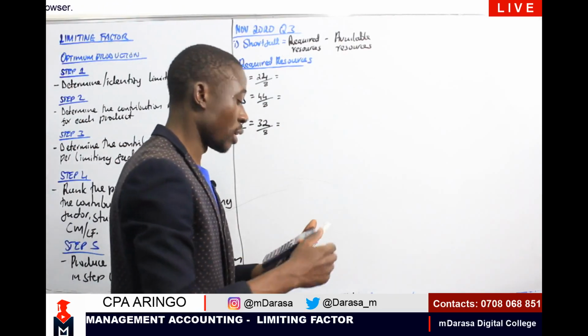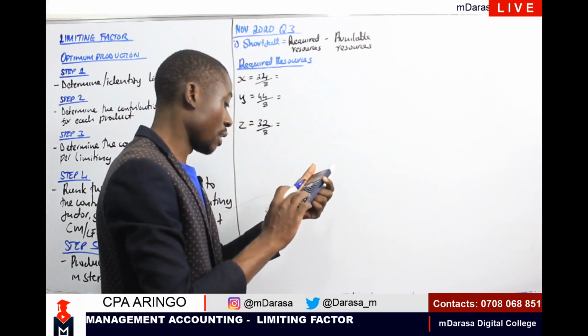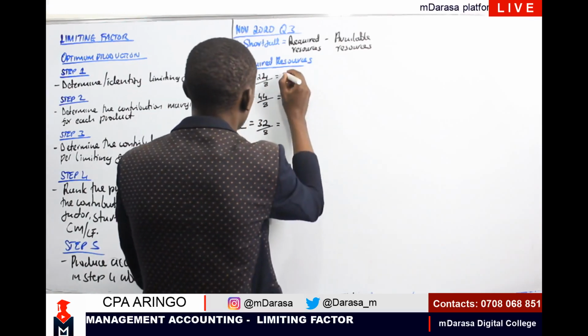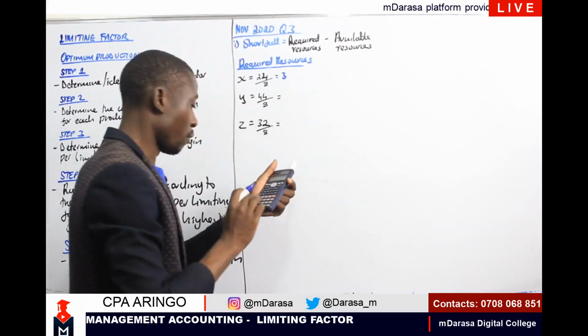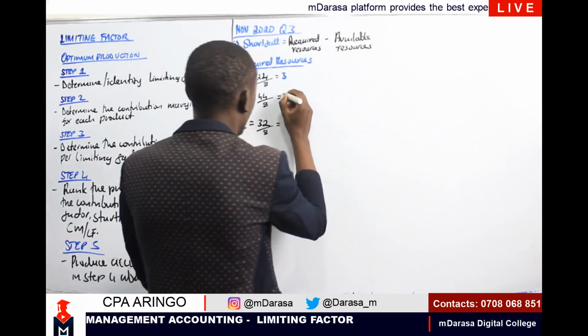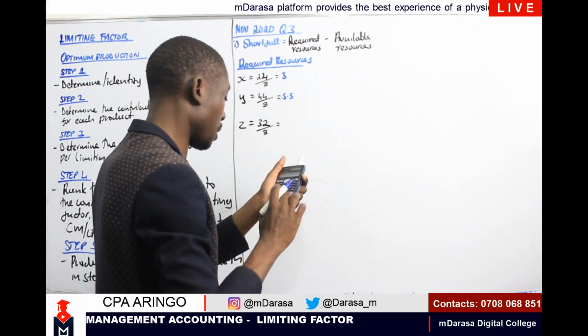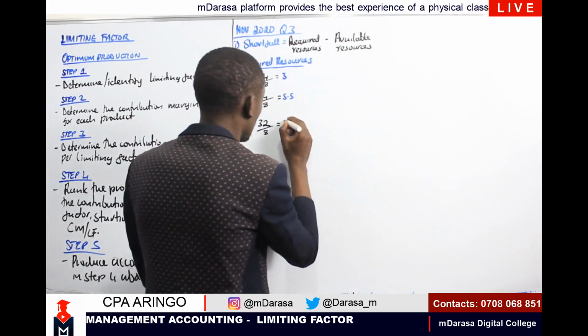Say for product X, this is what we have. 24 divided by 8 gives us 3. 44 divided by 8 gives us 5.5. 32 divided by 8 gives us 4.